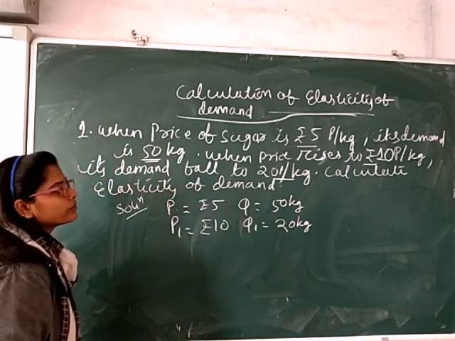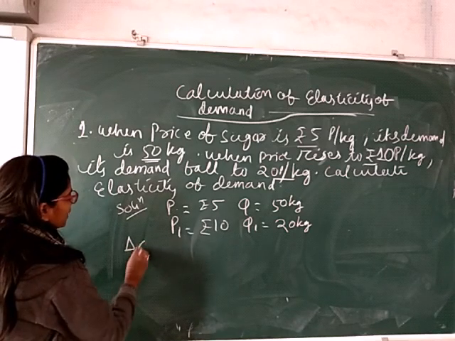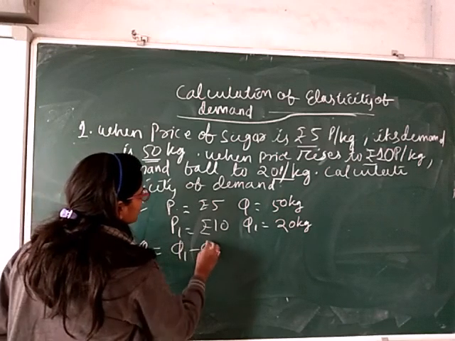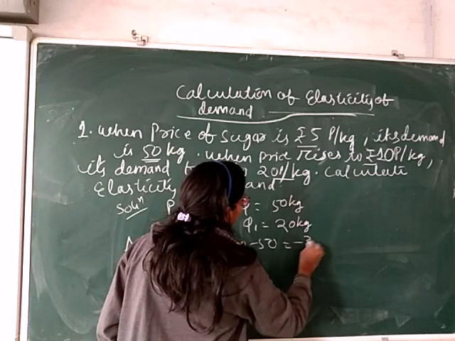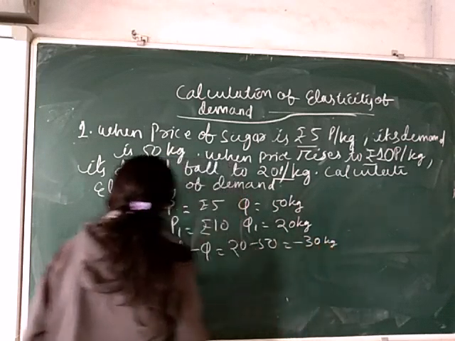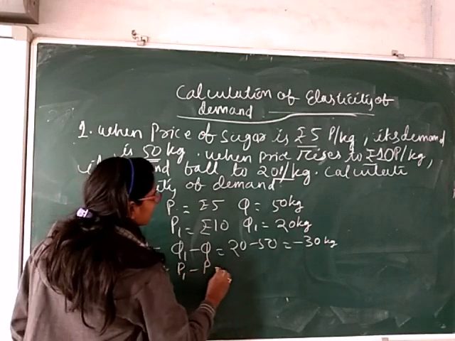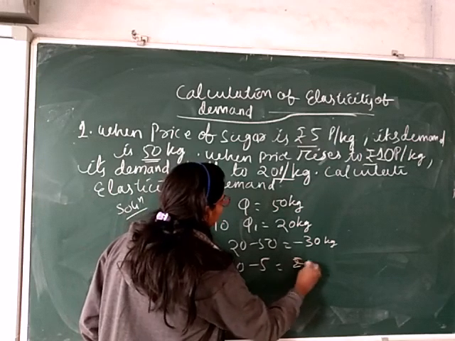So now put the formula of the elasticity of demand. For this purpose, first we calculate delta Q. Delta Q equals Q1 minus Q, that is 20 minus 50, and this is minus 30. Then delta P is P1 minus P, that is 10 minus 5, that is rupees 5.